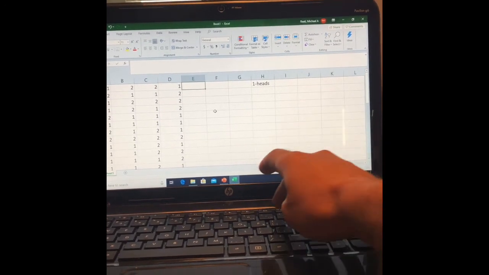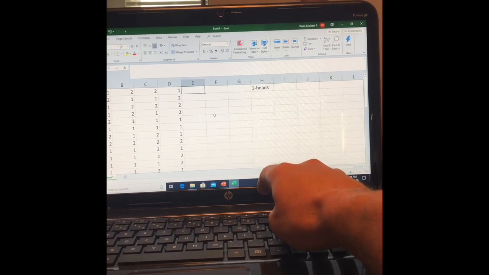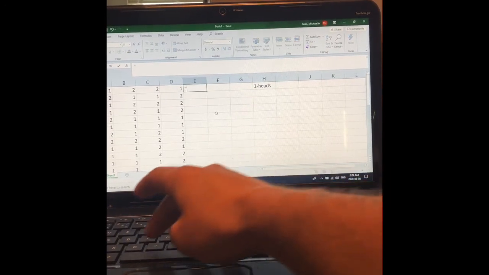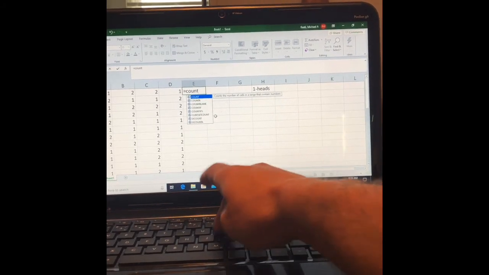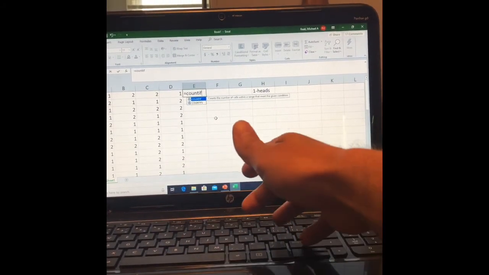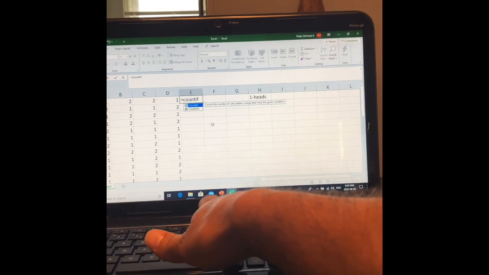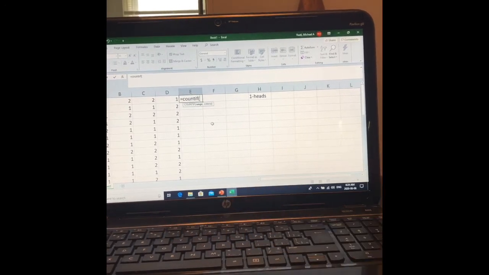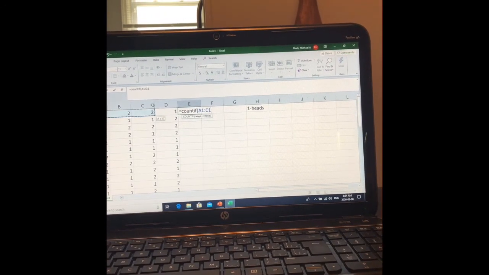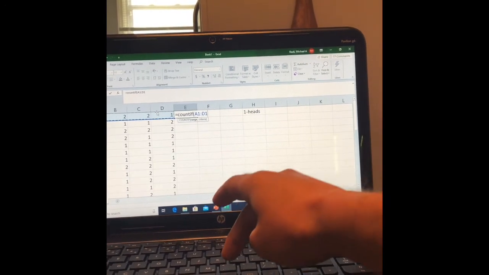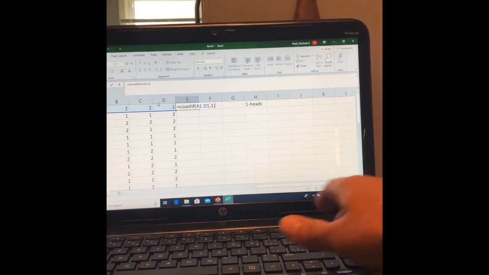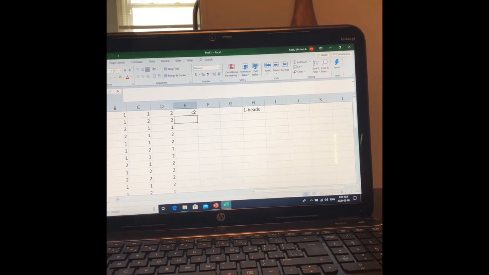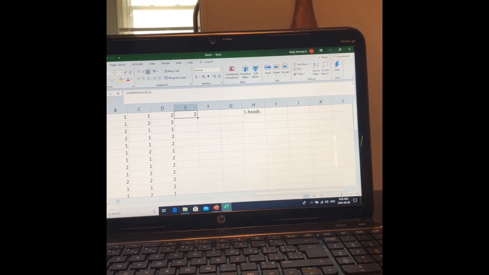Or I could use COUNTIF. All right, I just want to know how many heads I have. So I got 2 heads. So my E column is how many heads.